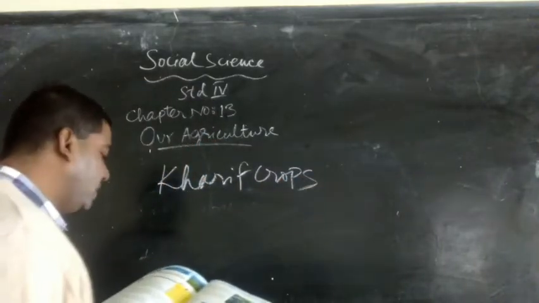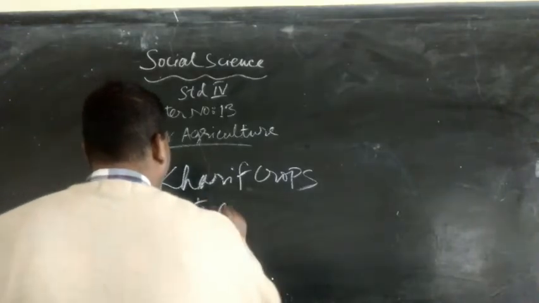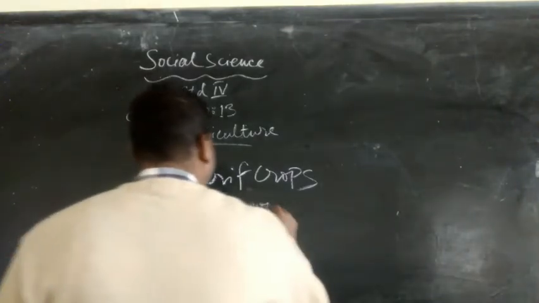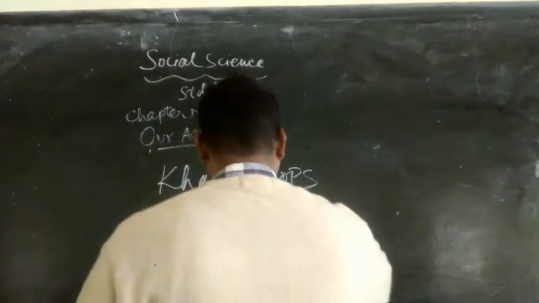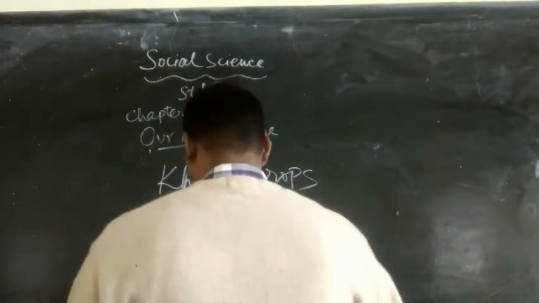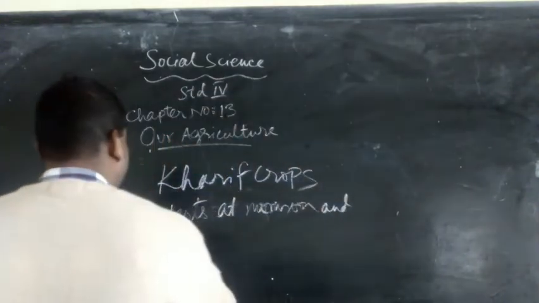Now what are Kharif crops? They start at monsoon season and are harvested also at the end of monsoon.